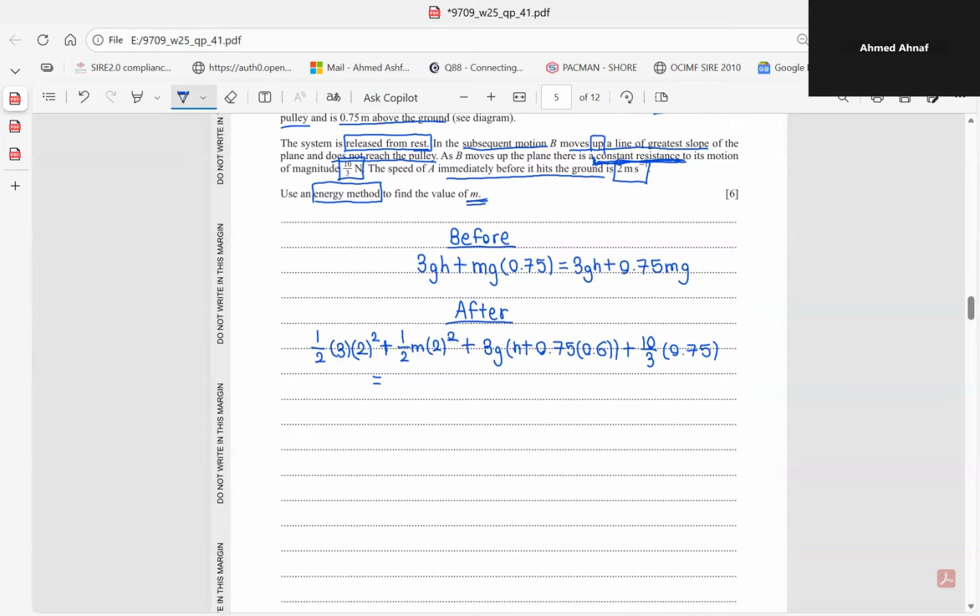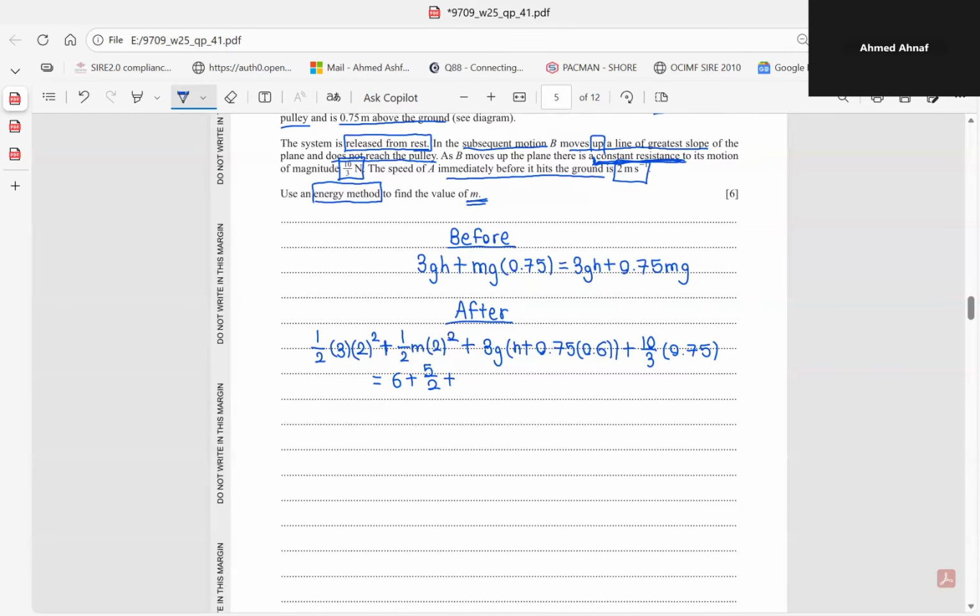So type all the known terms into your calculator. 6 plus 10 over 3 times 0.75, that's 5 over 2.